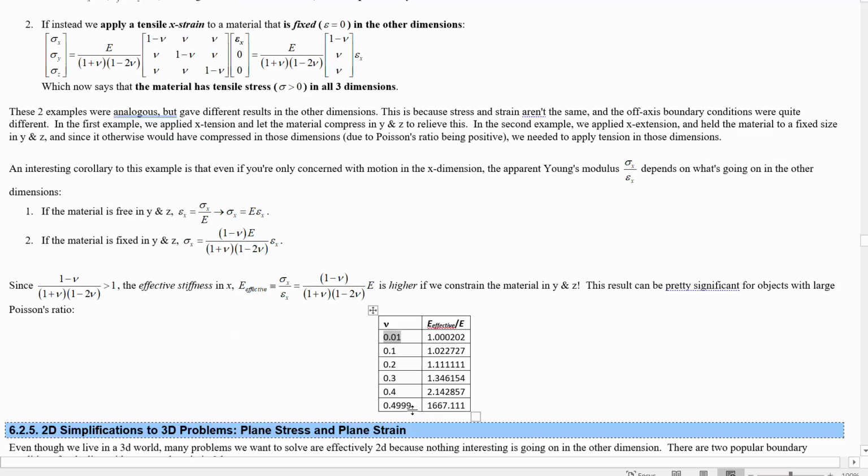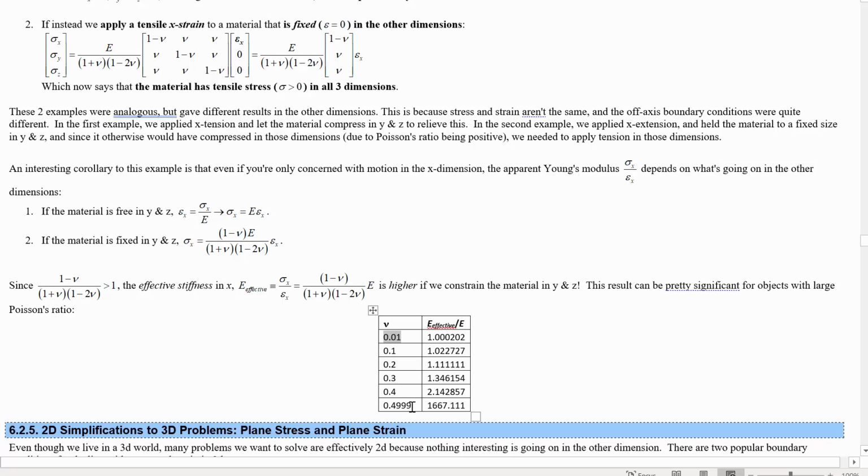But for rubber, if you stop it from being able to compress in Y and Z, or expand in Y and Z, you hold it still in those dimensions, then the effective Young's modulus is about 1,700 times higher in the X direction. Wow. So this can be quite an important thing to know for materials with high Poisson's ratios.